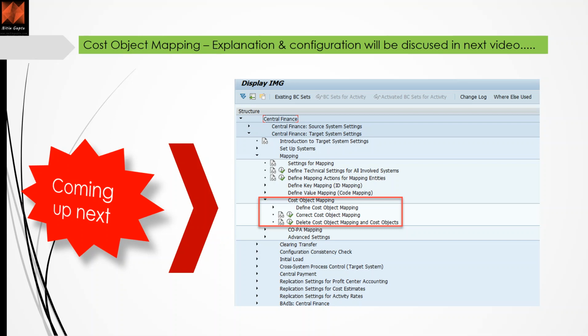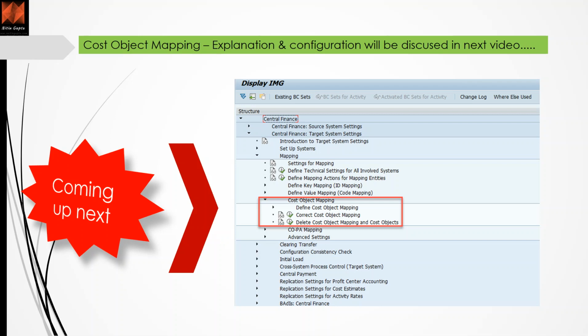And if you want to delete anything which you think is not logical, you can also delete the cost object mapping. Cost object mapping works in a different way. You cannot just do cost object mapping in the same transaction which I just explained. Here, cost object means only temporary cost objects, product cost collectors, and internal orders, not the cost centers. Cost centers still work in the same way as I just explained.